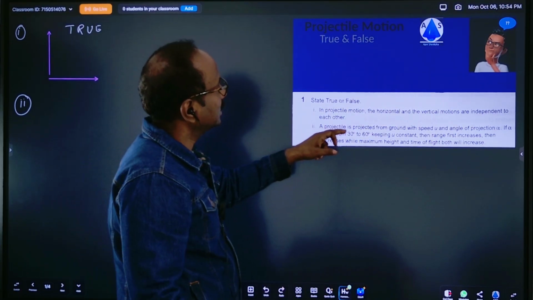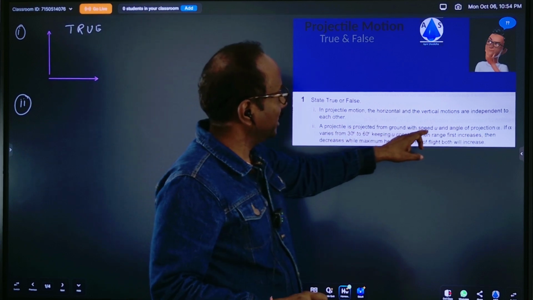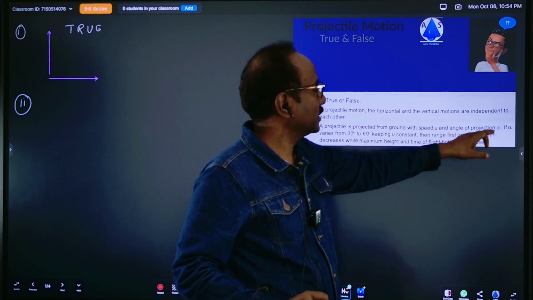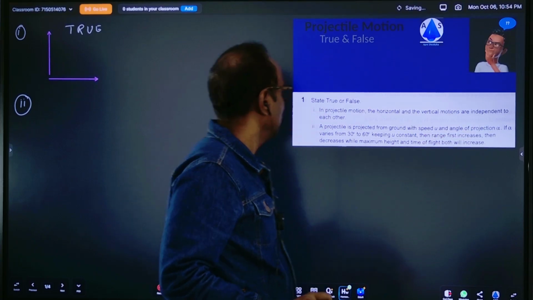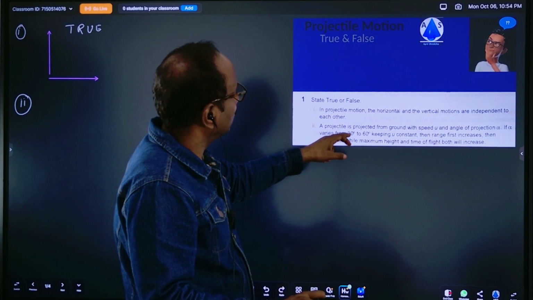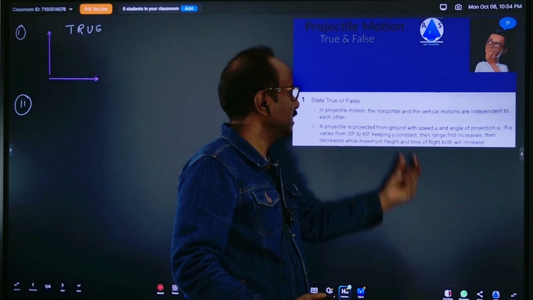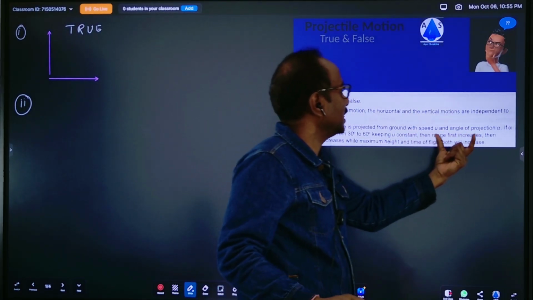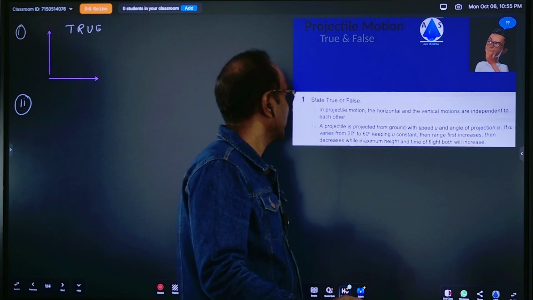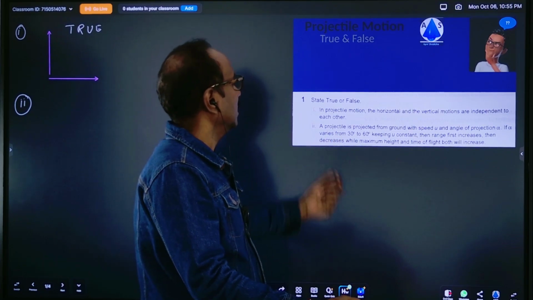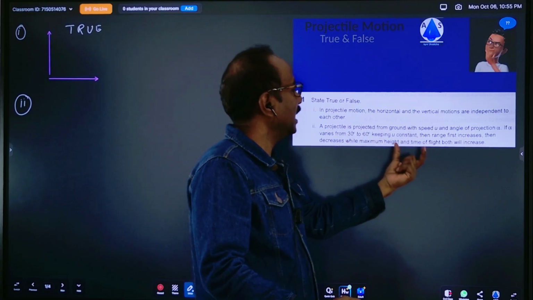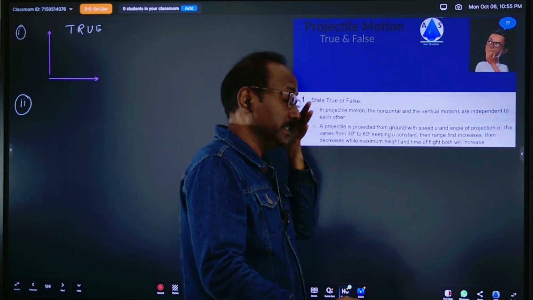A projectile is projected from ground with speed u and angle of projection alpha. If alpha varies from 30 degree to 60 degree, keeping u constant, then range first increases, then decreases, while maximum height and time of flight both will increase.